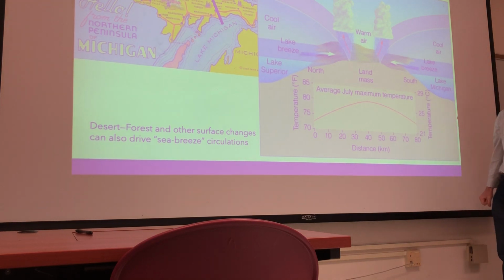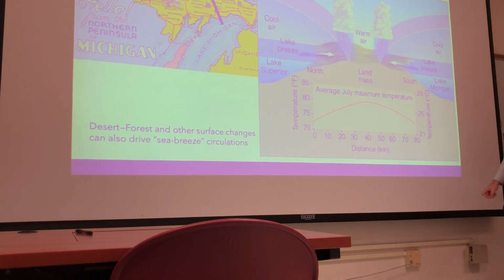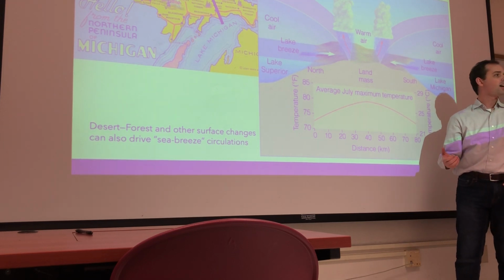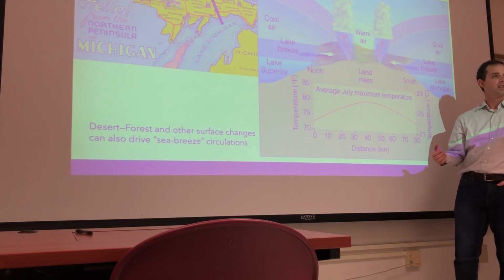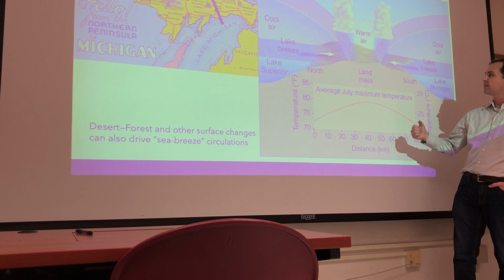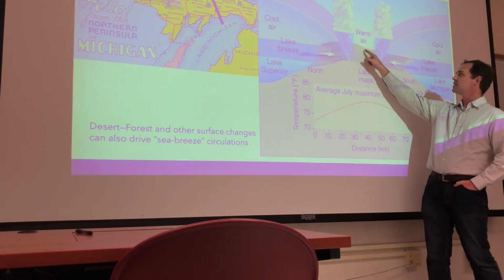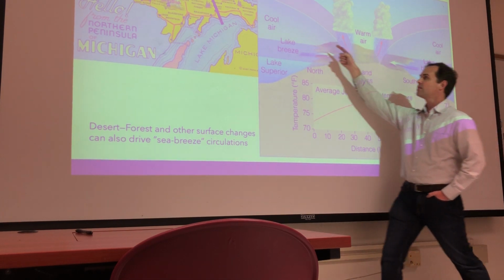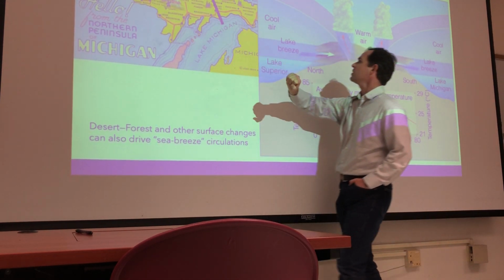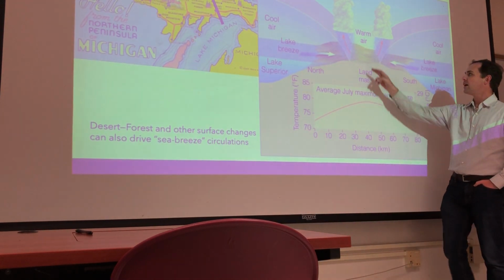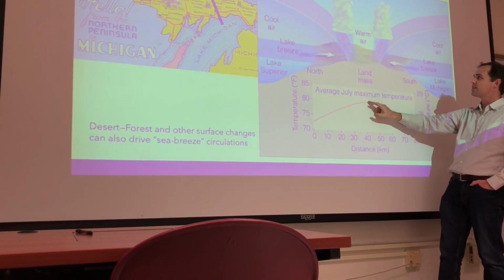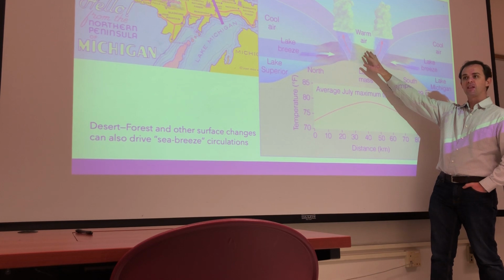And one way that we see this quite clearly is just by looking at the average daily highs in the summertime in the northern peninsula of Michigan. And we see that this area that is in the middle of the peninsula, so here along this cross section, is warmer, and there are two reasons for that. One is that the sun is warming the land more.